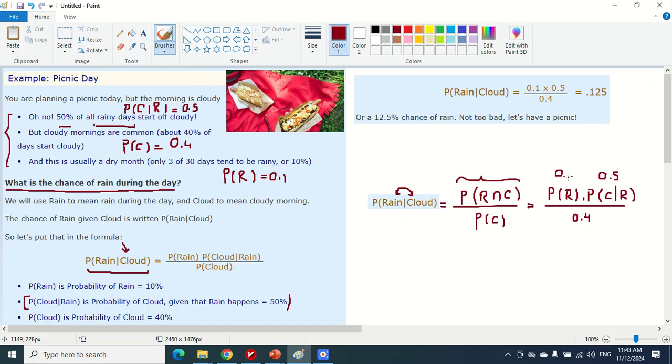By calculating that expression, you will find 0.125. So we have a 12.5% chance of rain if the day is cloudy. As you can see, by having some information about the situation, you can easily do some magic and calculate some difficult things based on the information given in the question.